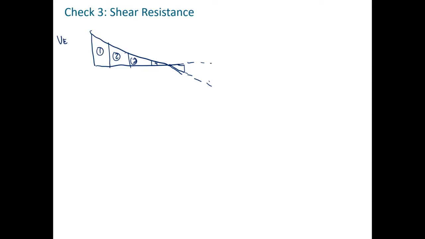Okay, so this is VEd. So it's 2,100 kilonewtons there to start, and then because it's symmetrical triangles, we've done this previously. It's 512 in there, 924 here, and here for panel 4. That's panel 4 in there. That's 336 kilonewtons.